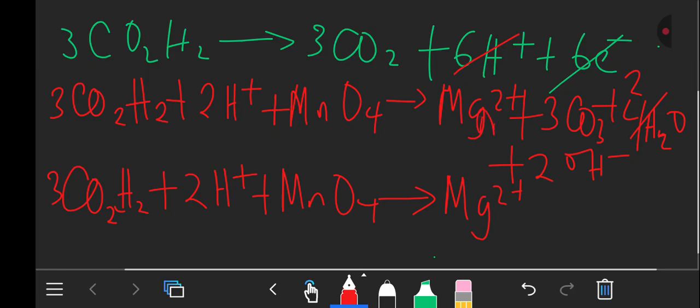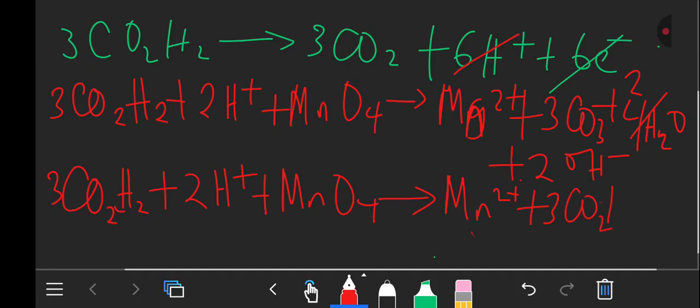So it should be Mn there. Even there it should be Mn. So Mn 2 plus, then plus 3CO2.